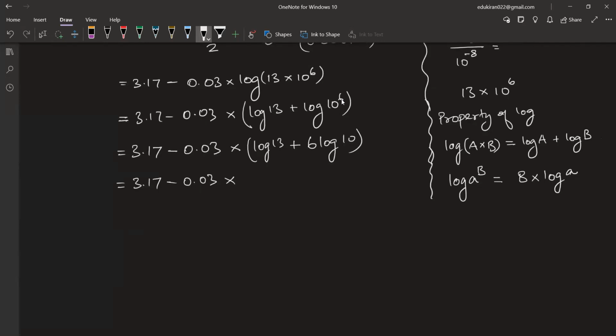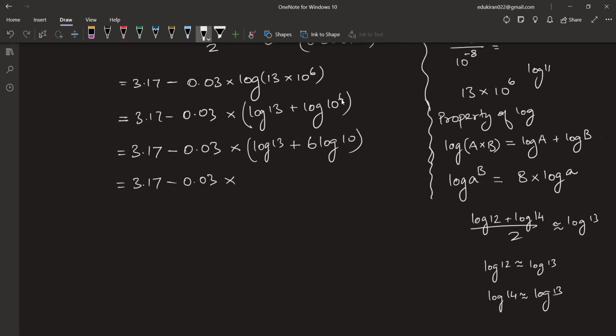You can do log 12 plus log 14 divided by 2, which will be approximately equal to log 13. Or you can take directly log 12, which will also be approximately equal to log 13. Or you can directly take log 14, which will be very near to log 13. So whenever you get a prime number, you just add one number and then take the log of that. So I will take the log of 14 and not log of 13.